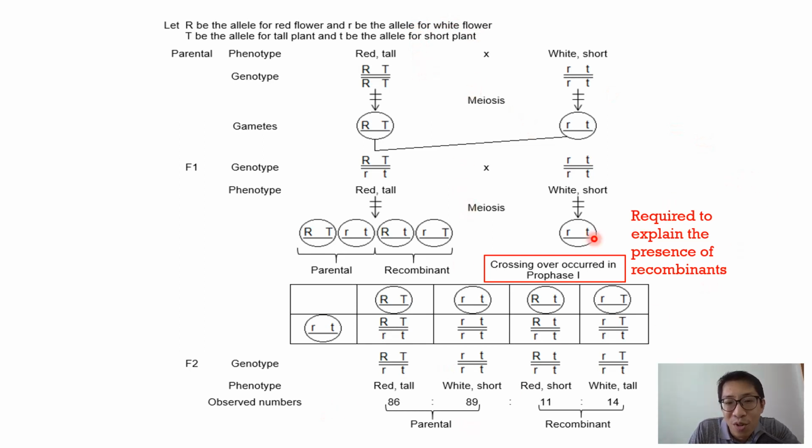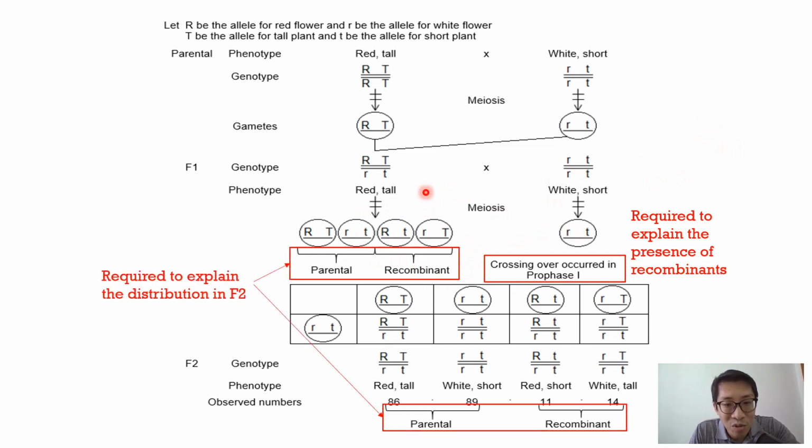All right, so you need to show that crossing over has occurred in prophase 1. That's why you have the recombinant gametes. And also, you need to group the gametes and the F2 phenotypes into parental or recombinant groups to explain why there are more parental phenotypes in the F2 than the recombinant phenotypes.